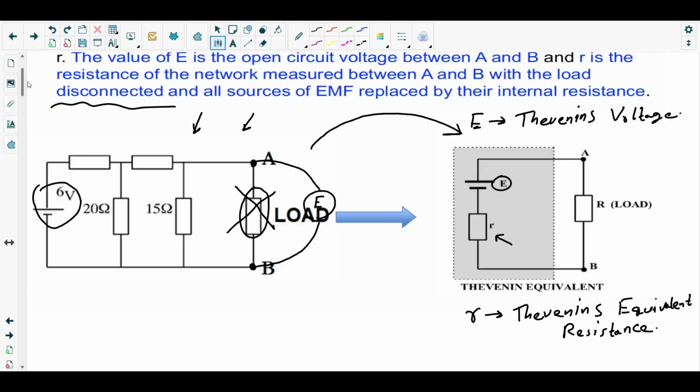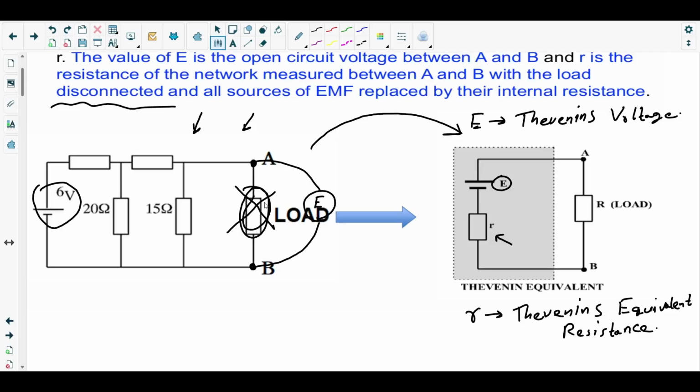When the load resistor is connected here, how much voltage would be across the load resistor, it's basically the Thevenin's voltage.